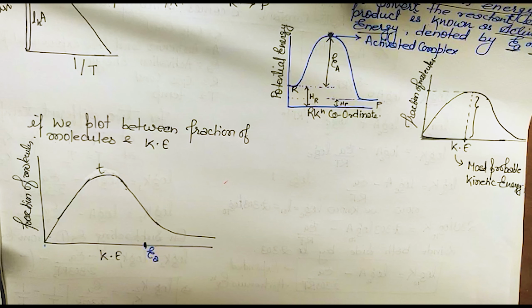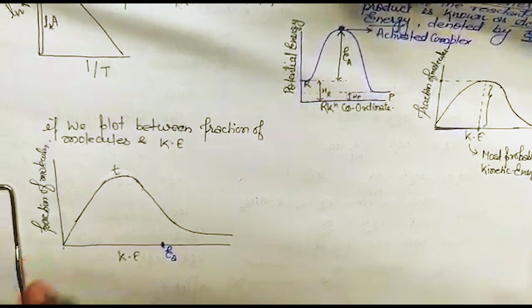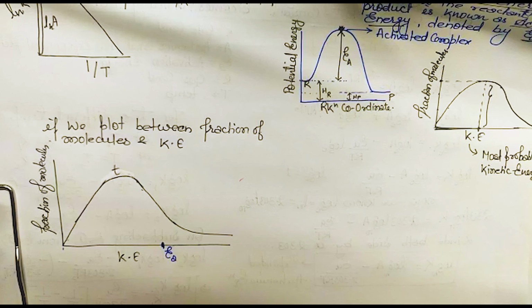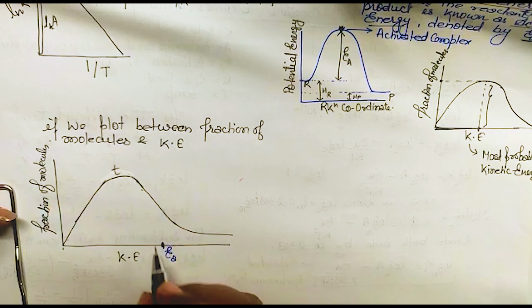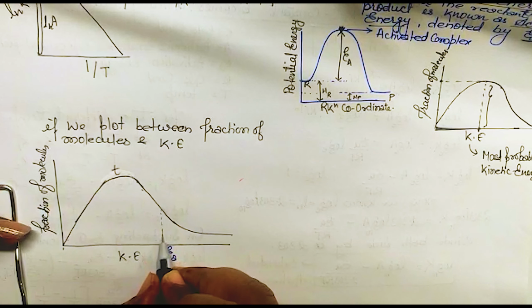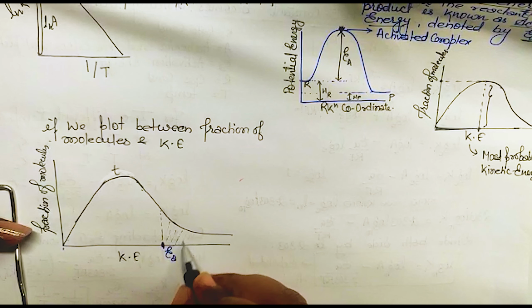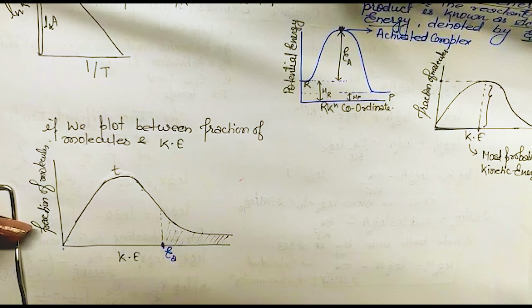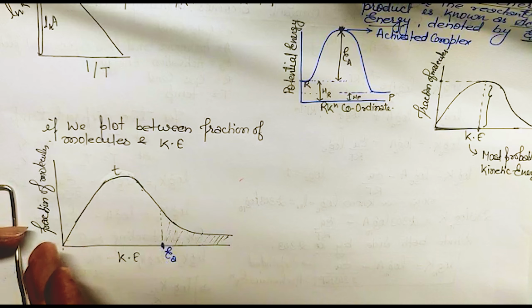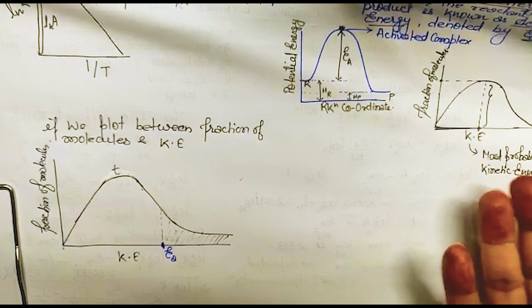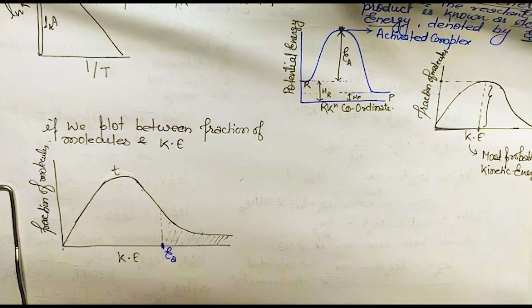You can take it in Kelvin or degree Celsius, your wish, because you know the relation between Kelvin and Celsius. So this much fraction of molecules is converting into the product, or you can say participating in the reaction.